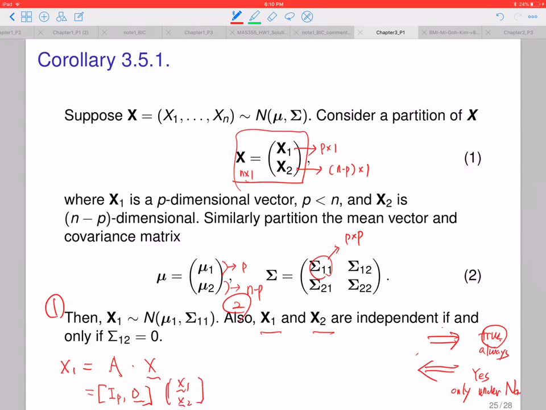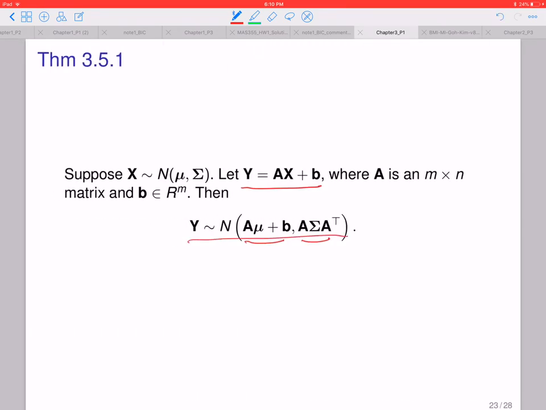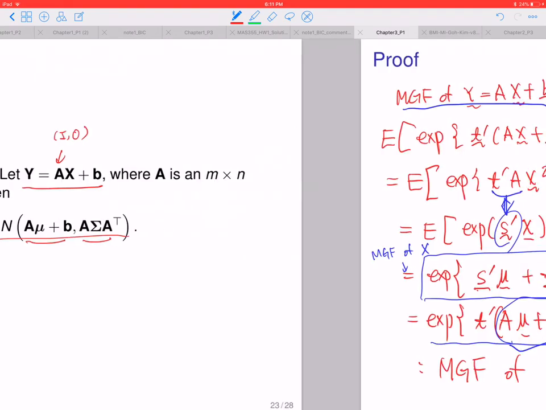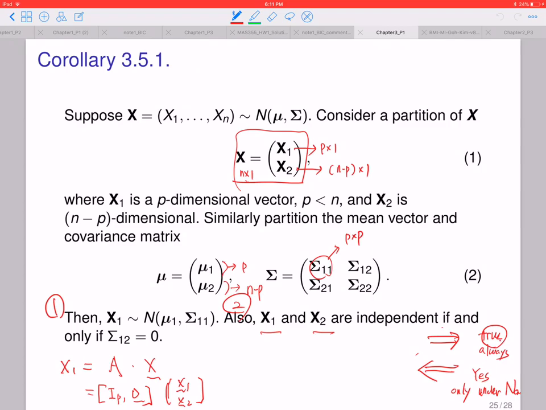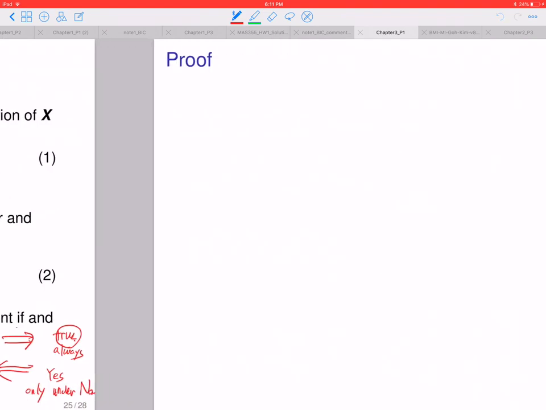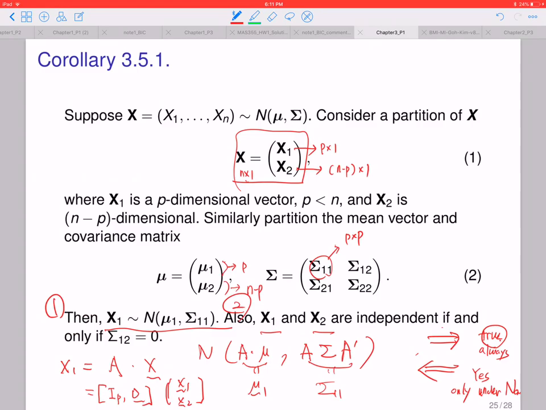So you can apply the previous theorem here for this particular A. All you have to do is compute A mu and the variance covariance A sigma A prime, which gives mu1 and sigma 1. That gives the proof for the first part.